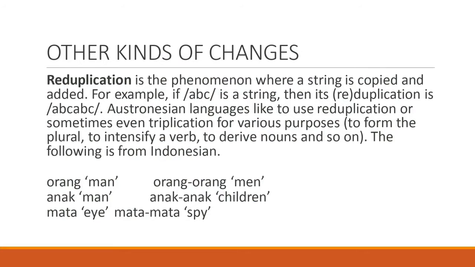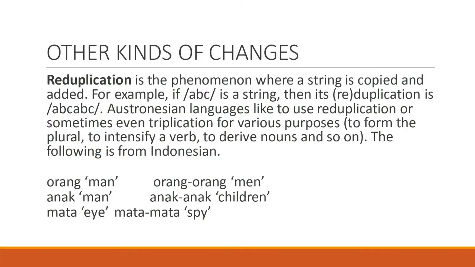Other kinds of changes. Reduplication. Reduplication is the phenomenon where a string is copied and added. For example, if ABC is a string, then ABCABC is its reduplication. Austronesian languages like to use reduplication or something even triplication for various purposes: to form the plural, to identify a verb, to derive nouns and so on.